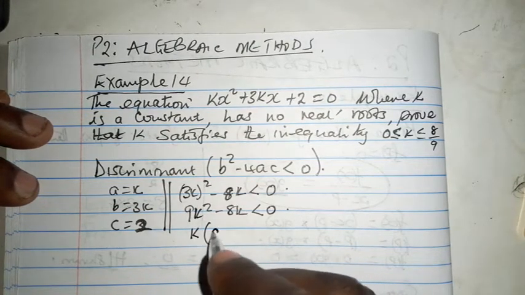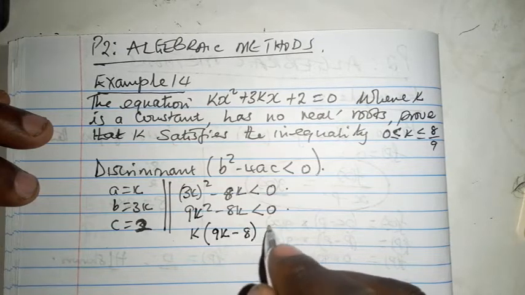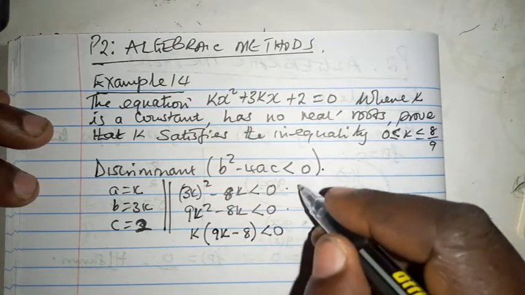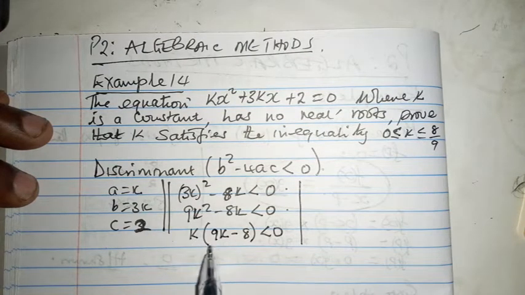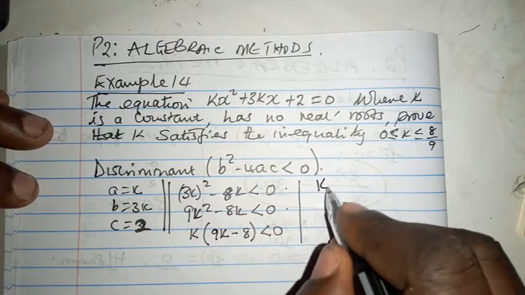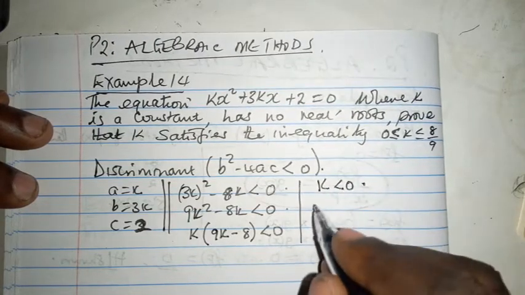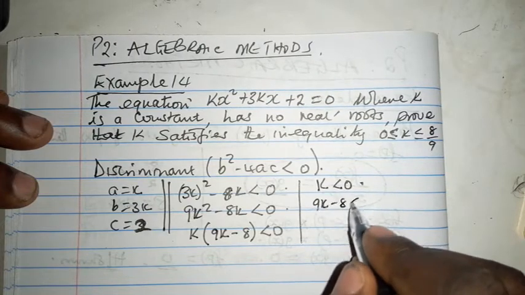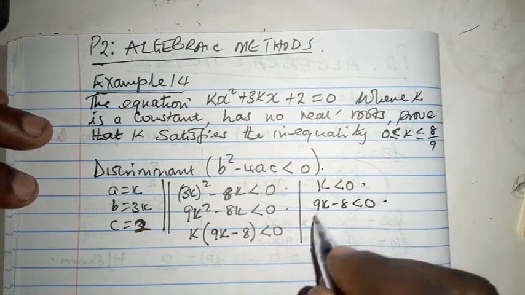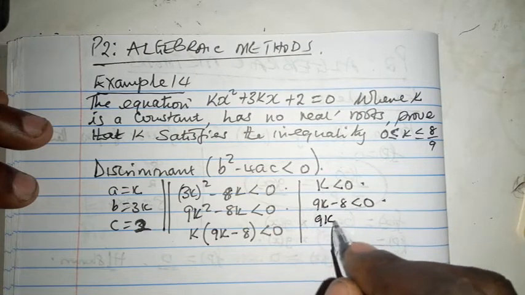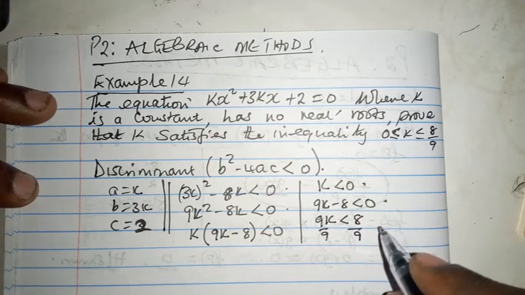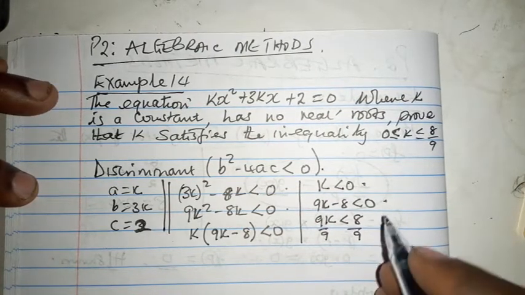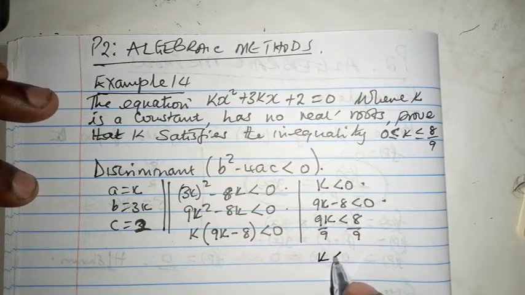Then we have k times 9k minus 8 less than 0. If this is the situation, the product of the two brackets is less than 0, so k itself is less than 0, or 9k minus 8 is less than 0. And if this is true, then 9k is less than 8. Dividing by 9 gives us k is less than 8 over 9.